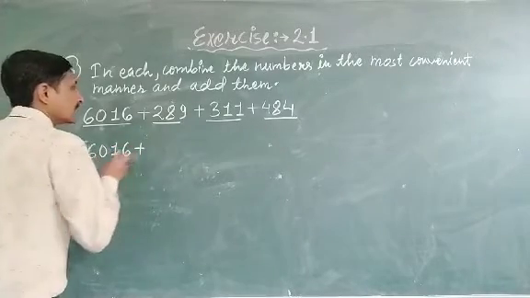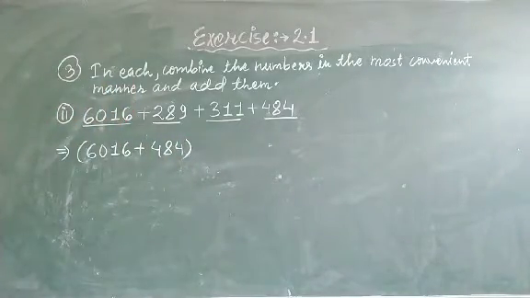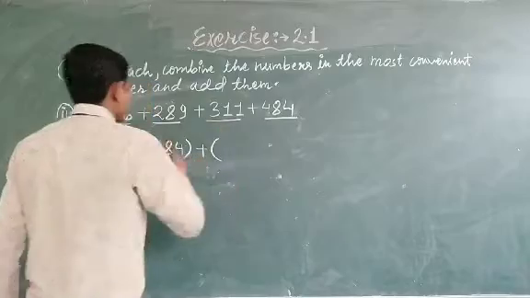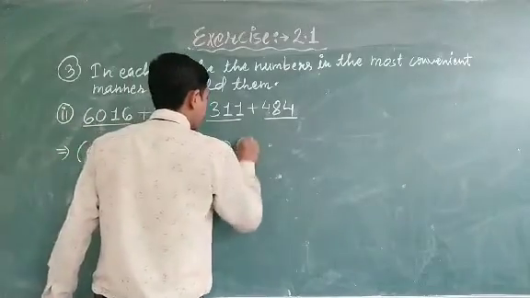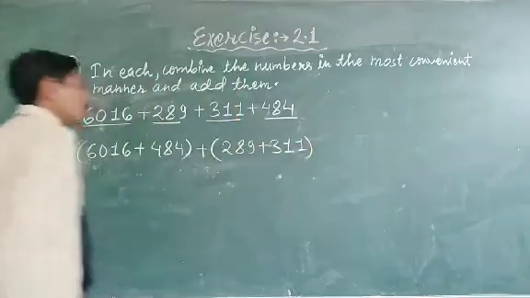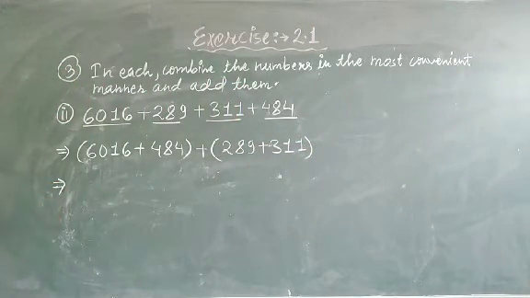So first of all 6016 plus 484, we have to combine these two. Then now these two, that is 289 plus 311. So this will be the most convenient manner to add the 4 whole numbers.